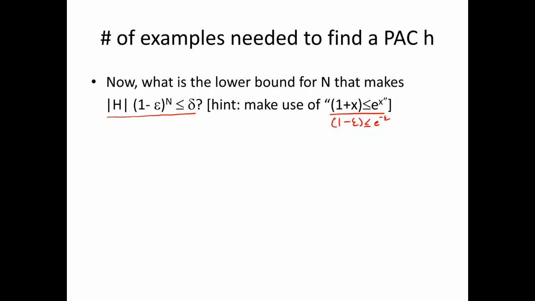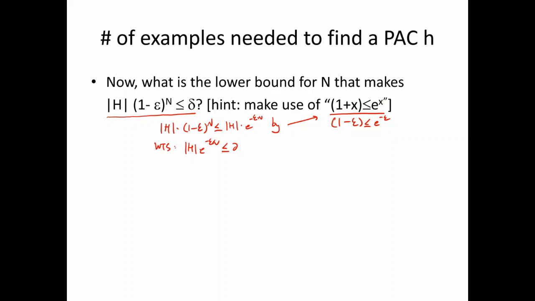The left-hand side of what we're trying to show is the cardinality of H times (1 minus epsilon) to the nth power, which is less than or equal to the cardinality of H times e to the negative epsilon times n, by this. And we want to show that this new expression is less than or equal to delta, which in turn will show what we want to show.